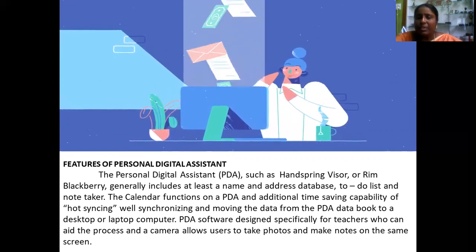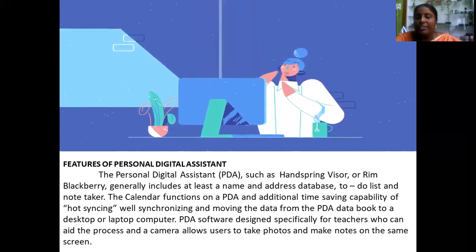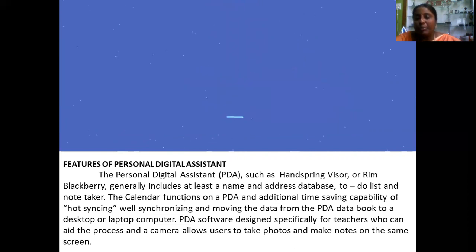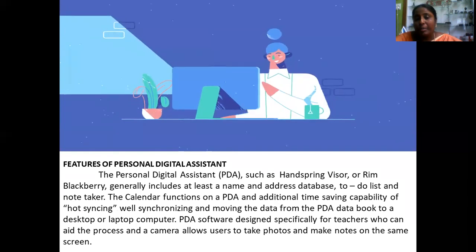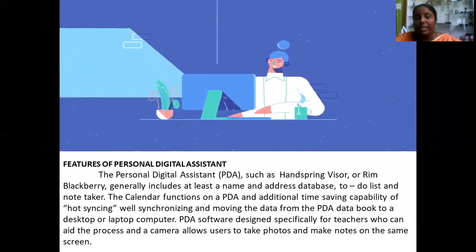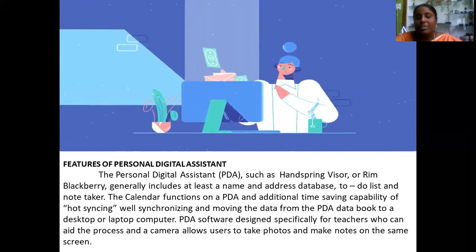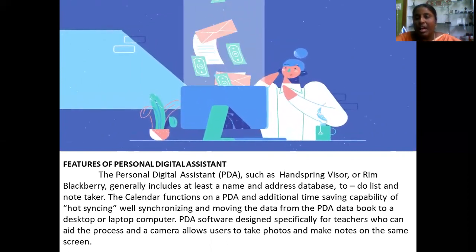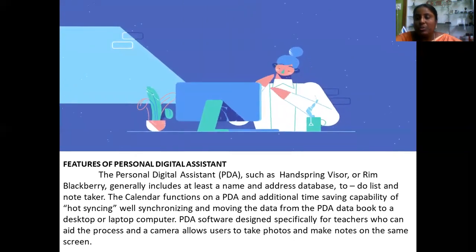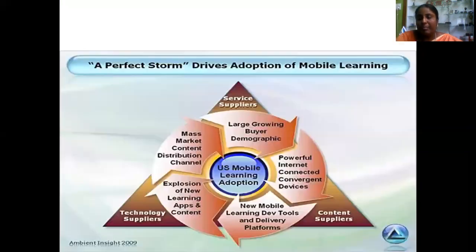It is also useful for synchronizing and moving the data from the PDA data book to a desktop or laptop computer. PDA software is designed specifically for teachers who can aid the process, and cameras allow users to take photos and make notes on the same screen.